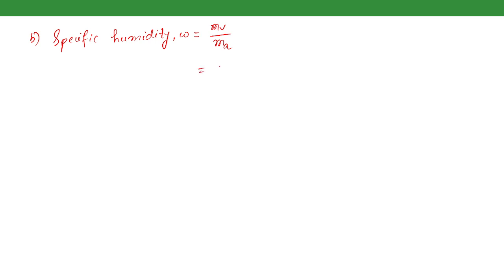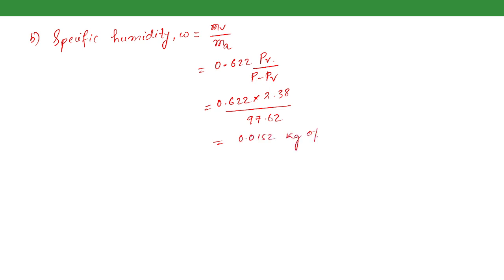If we simplify, we will get it in terms of partial pressure of vapor as 0.622 PV by P minus PV. So if we put in the values, and this is 97.62, this comes out to be 0.0152 kg of water vapor. This is water vapor present per kg of dry air.